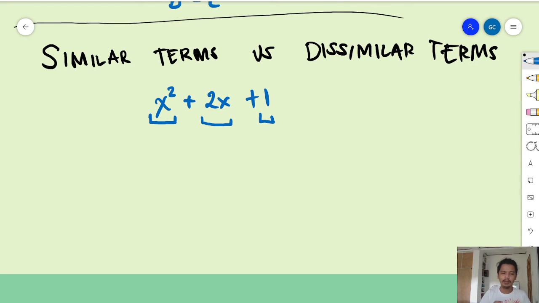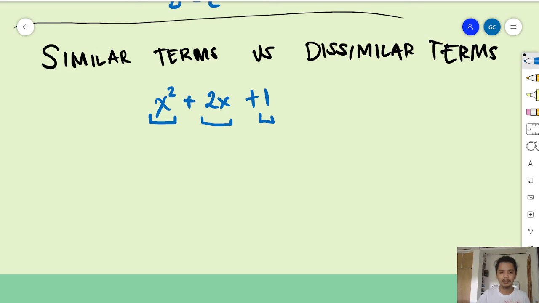So, when we talk of similar and dissimilar terms, ito yung nabanggit ko na sa inyo nung last supplemental video natin. Wherein, dun sa law of exponents, kailangan nating tingnan yung mga tinatawag nating same yung base. Pero for similar terms and dissimilar terms, bali ganito yan.